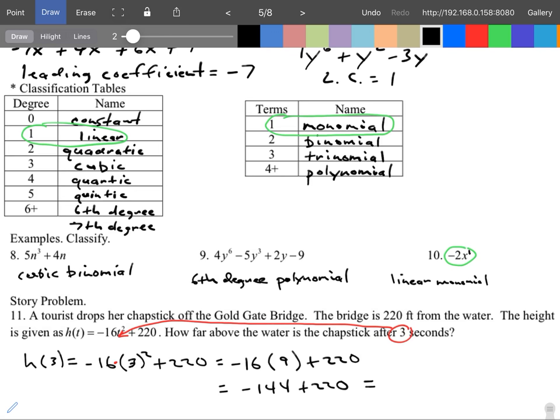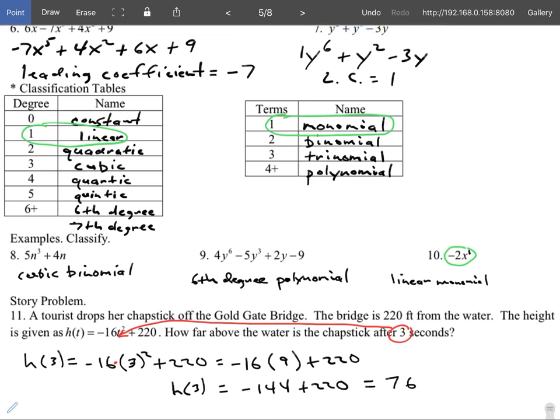So what does that equal? 220 minus 144? That's going to give you 76. So the height after 3 seconds is going to equal 76.